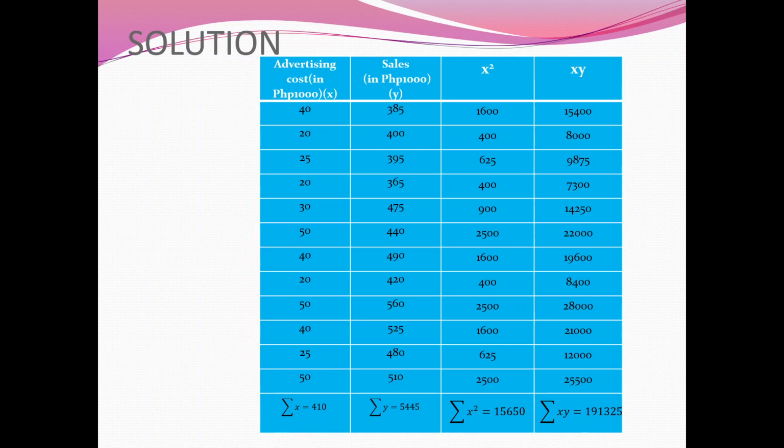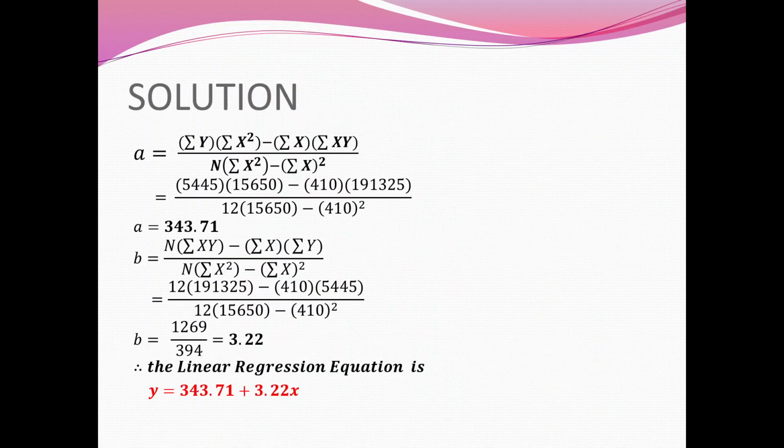And then we have to find the square of the x, squaring the 40 as 1,600 and so on. Then we have a total of 15,650 and the product of xy as 40,000 times 385 as 15,400, and then do the same for the next values, and then we have a total of 191,325.